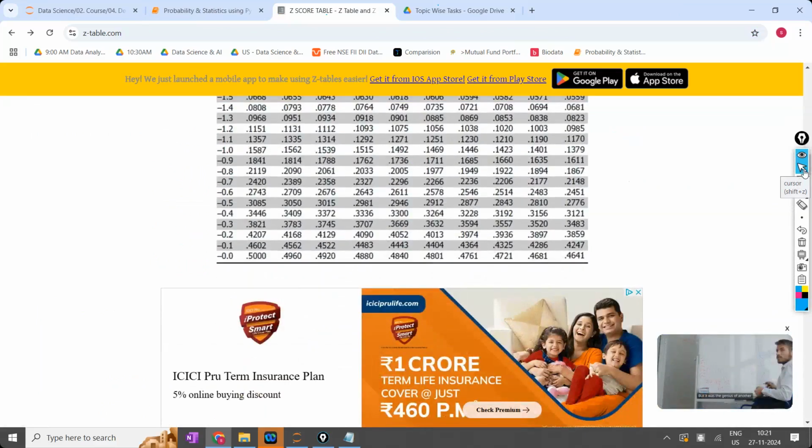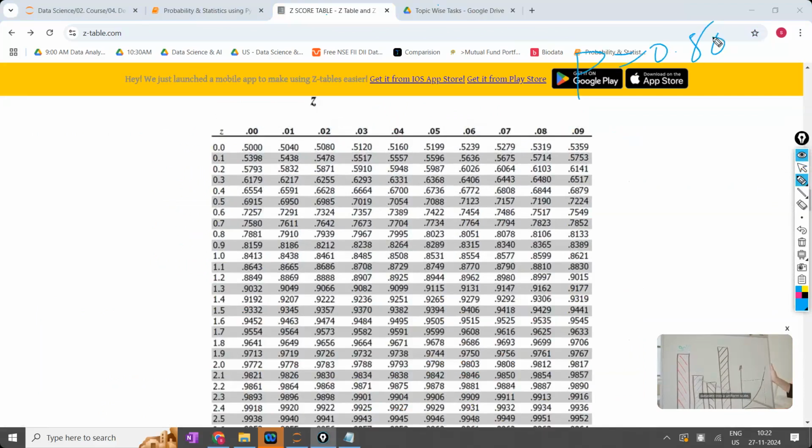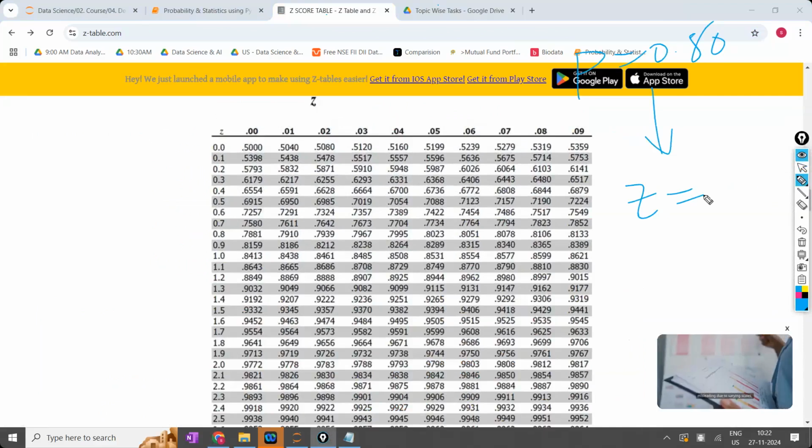Okay. Now, let us try for this example. One number I am going to give. What is that number? 0.80. The probability value is 0.80. This is not a Z-score. It is a probability. From the probability, what you have to tell me is Z. Now, where is 0.80? 0.7677, 0.7878, 7879, 7995.